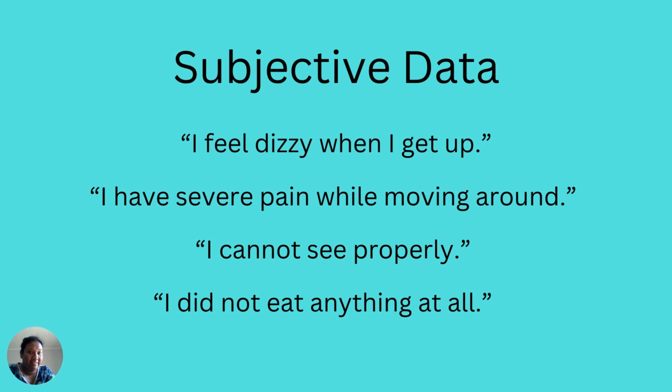But you can elicit the risk by taking up some of the statements they tell you, such as they feel dizzy, they are in severe pain, they cannot see properly, or they haven't eaten at all. So I've given you some of the subjective data, so you can take it up and write or rewrite accordingly.